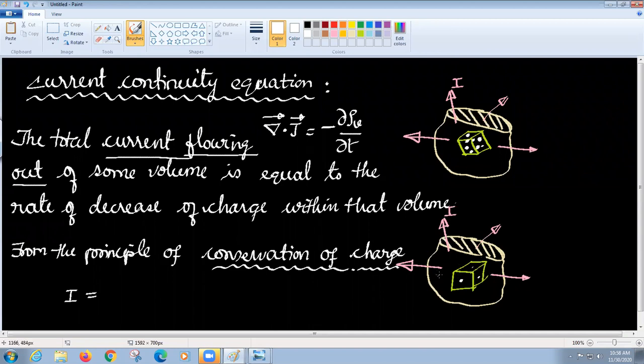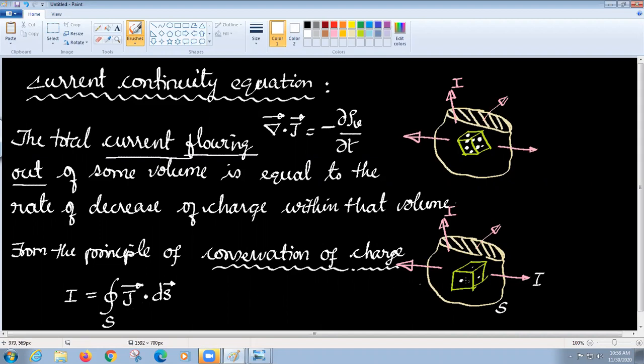You have a volume bounded by a closed surface, so I can take the closed surface integral of J dot ds. The outward flow of positive charge must be balanced by a decrease of positive charge within the closed surface.